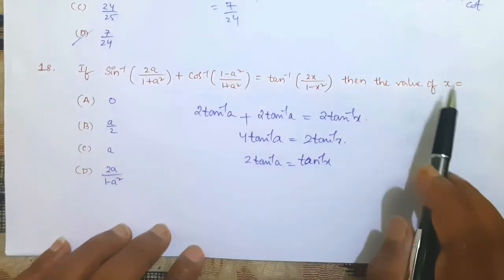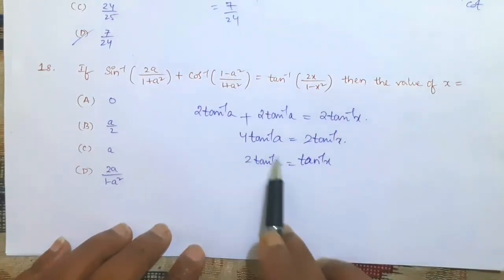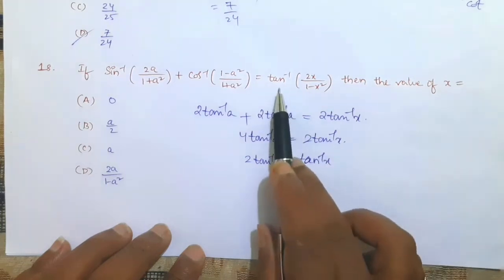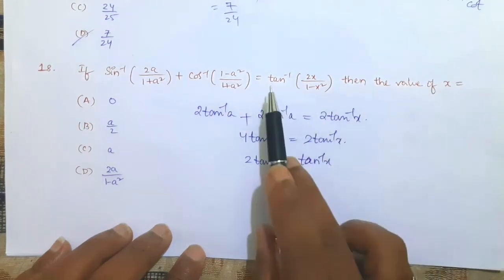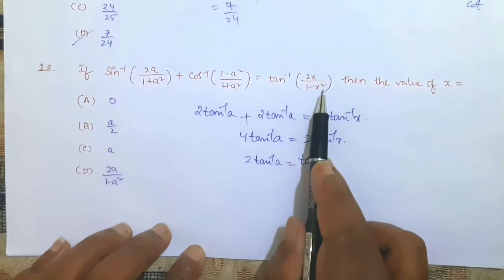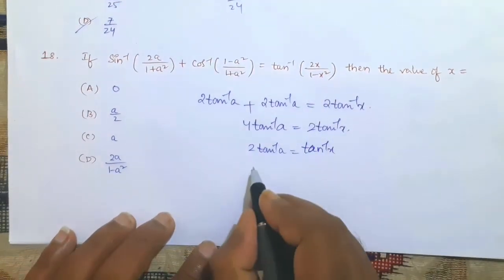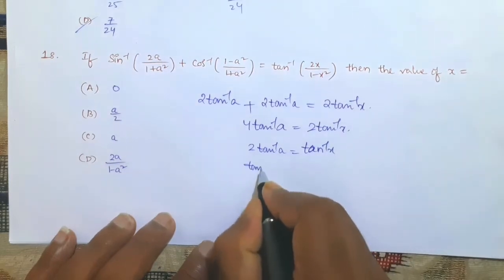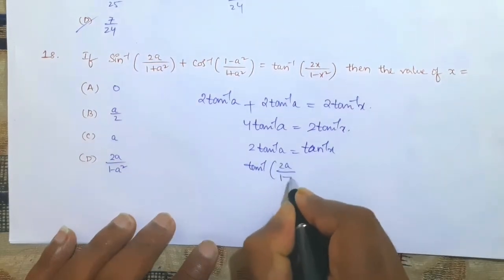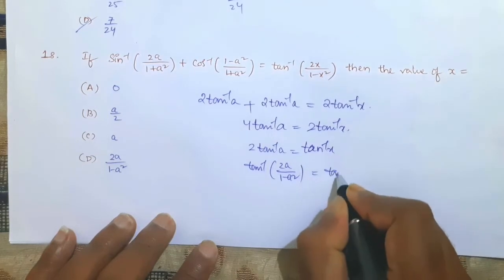Here they are asking the value of x, right? What is the 2 tan inverse a formula? According to this, 2 tan inverse x is tan inverse of 2x by 1 minus x square. Similarly, 2 tan inverse a we can write as tan inverse of 2a by 1 minus a square, which is equal to tan inverse x.